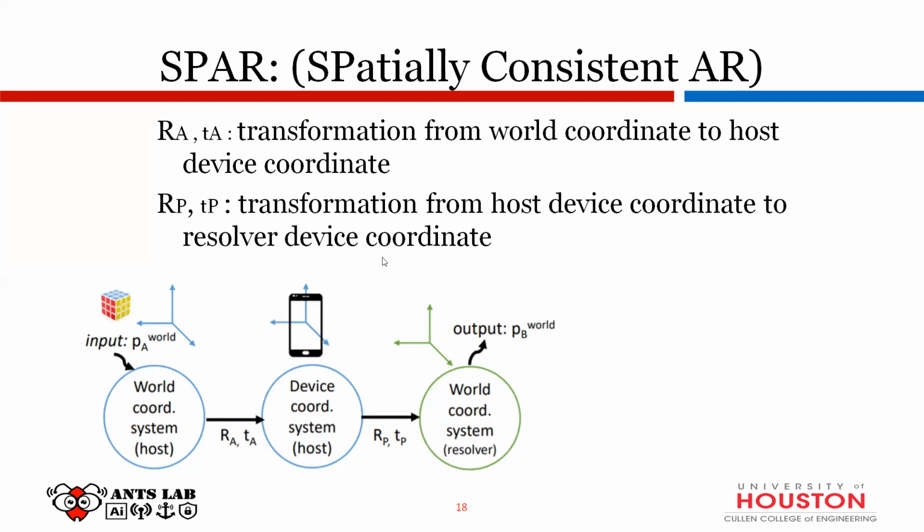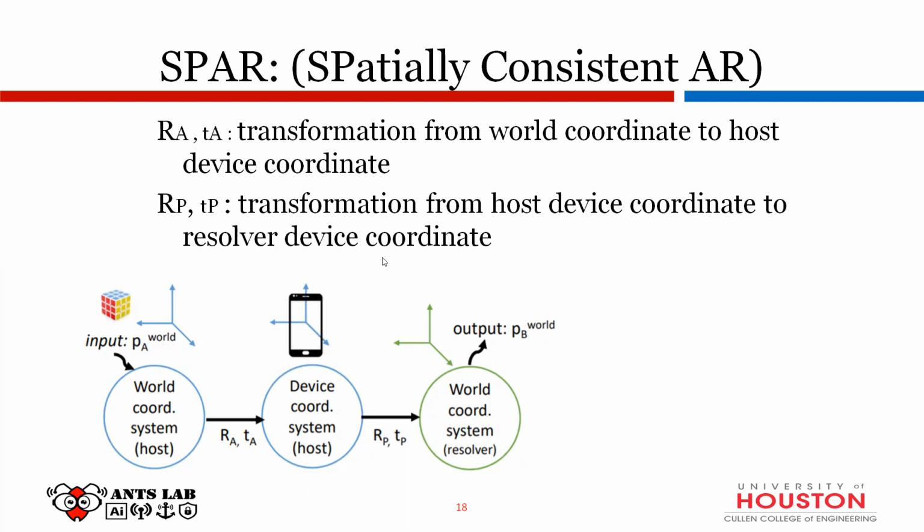So the meaning of RA and TA is to transform the world coordinate to the host device coordinate. And the world is where the virtual object is. So you transform it and you get it in your host device.